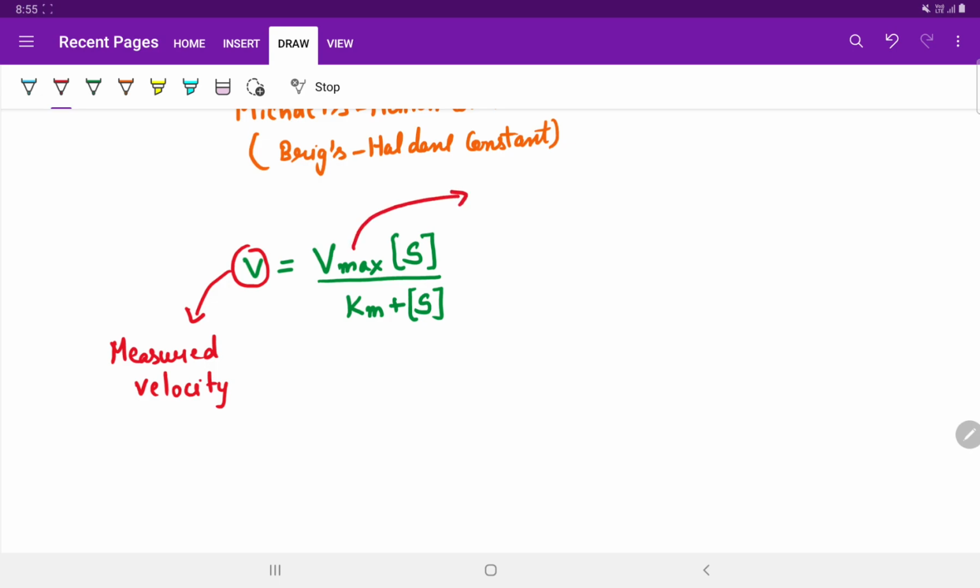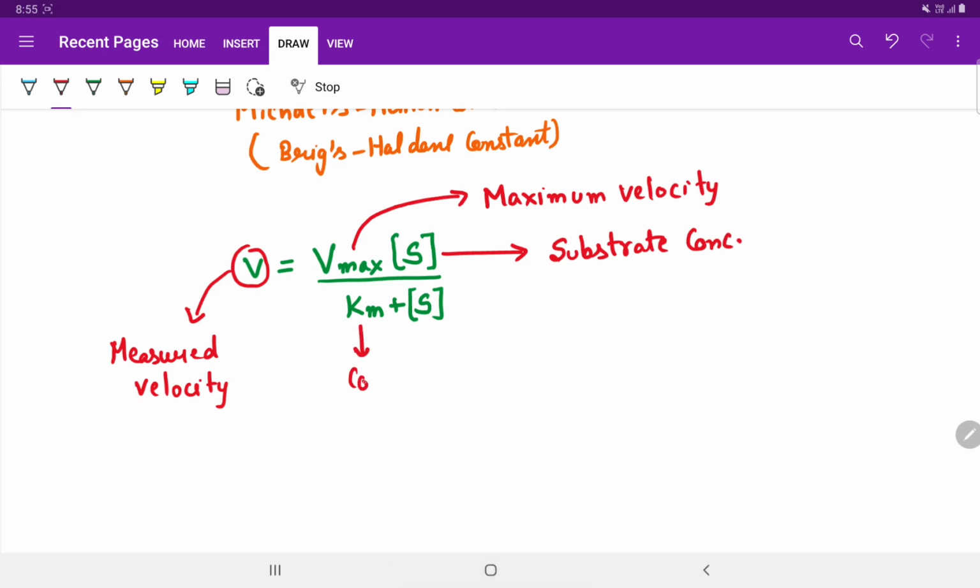Vmax is equal to the maximum velocity, so it is the maximum velocity for an enzyme catalyzed reaction, whereas S stands for the substrate concentration, and Km is the value of the Michaelis-Menten constant, so it is a constant value.